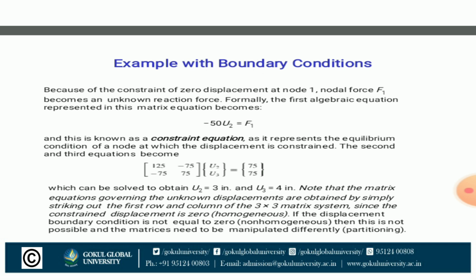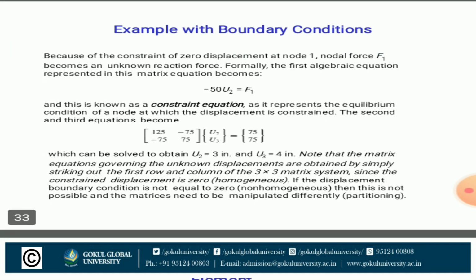Formally, the first algebraic equation becomes -50 times u2 equals f1. This is known as the constraint equation, and it represents the equilibrium condition of a node at which the displacement is constrained.